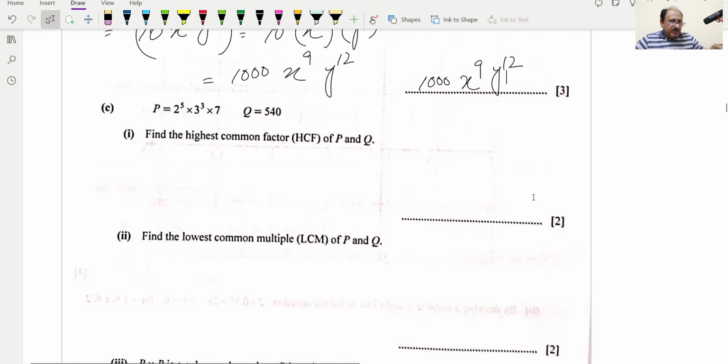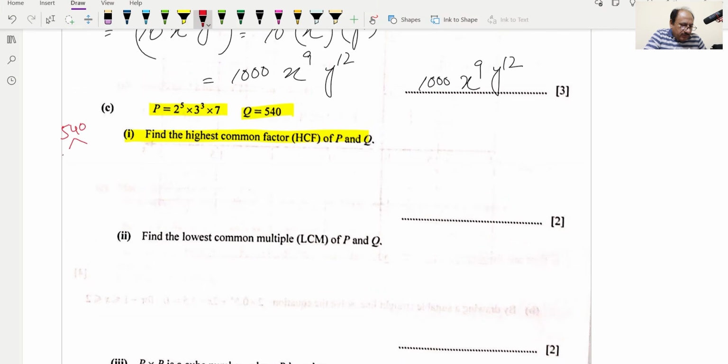Now C part: P is given, Q is given. We have to find the highest common factor of P and Q. For the highest common factor, we will be finding the prime factors of 540.